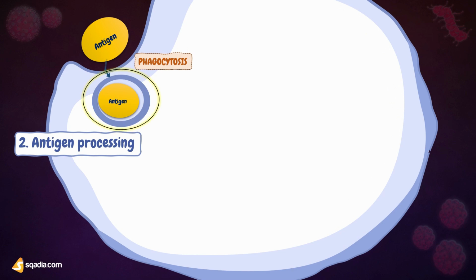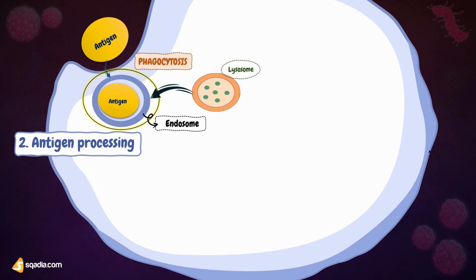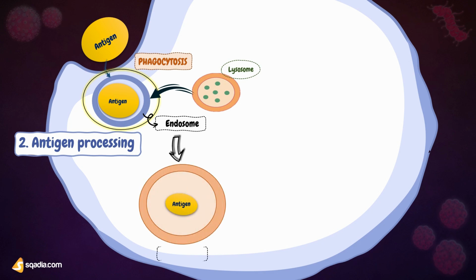Once internalized, the pathogens or antigens reside within specialized intracellular compartments known as endosomes. This endosome then fuses with the lysosome to give rise to another type of vesicle, called phagosome. We know that lysosomes contain a large number of degradative enzymes.